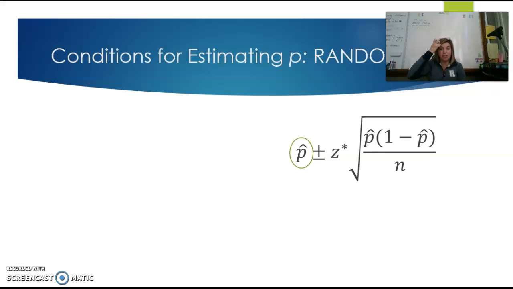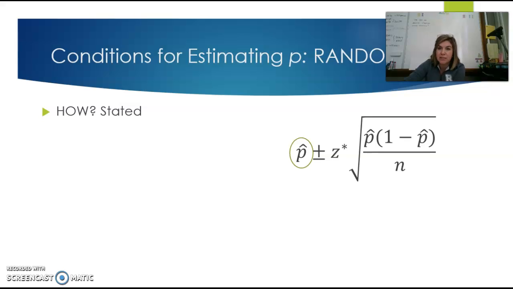So there are 3 conditions that have to be met in order for us to be able to use a confidence interval, and you will need to show that all of these conditions are met. The first condition is that our sample comes from a random sample, and that's how we are able to use this p hat. How we would know this is if it is stated in the problem. It's either going to be stated that it's a simple random sample or it will be given.